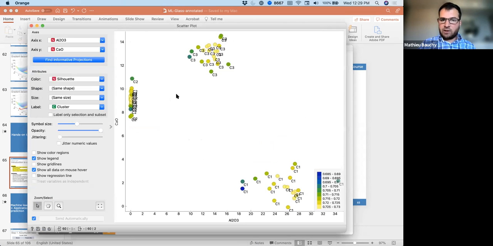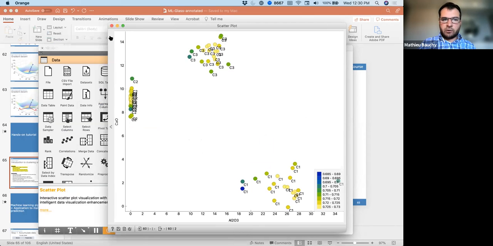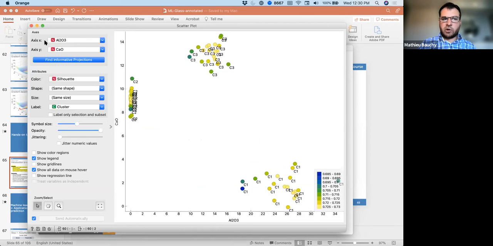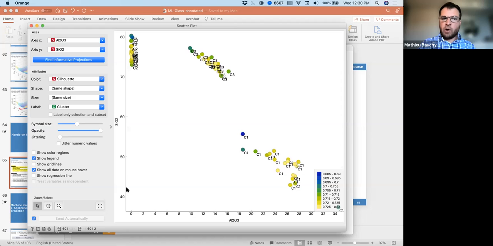So for this, I'm plotting the glasses. You can choose different axes. You can choose to plot things with Al2O3 on the x-axis and SiO2 on the y-axis.